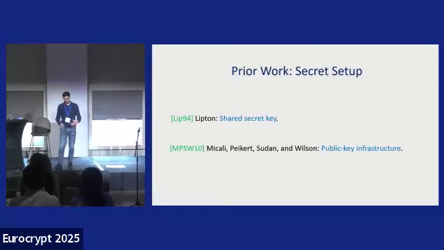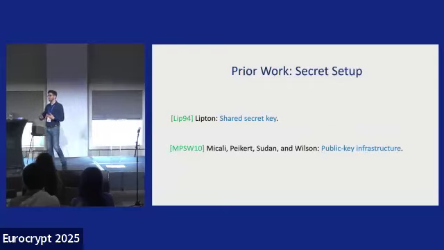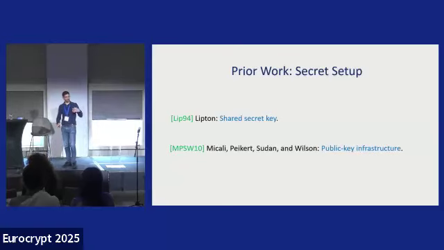Good. So what about prior works? Classically, the first result was by Lipton, and he introduced a result using a secret setup. So classic results assumed some kind of secret setup. Lipton assumed a shared secret key. Micali et al. assumed the public key infrastructure.